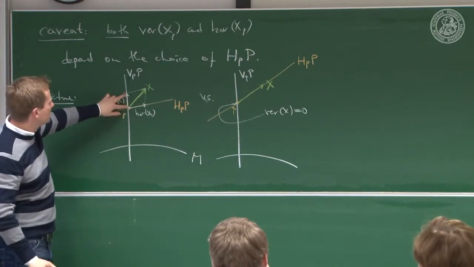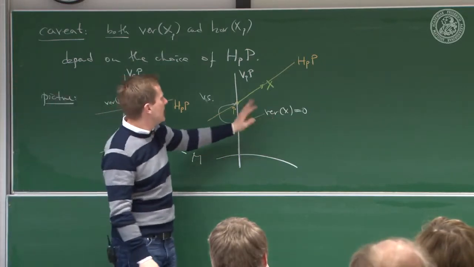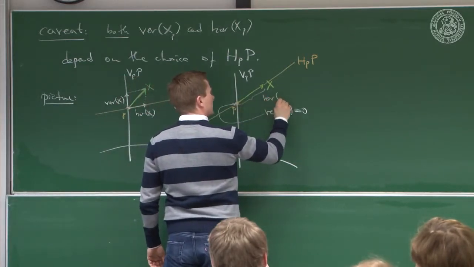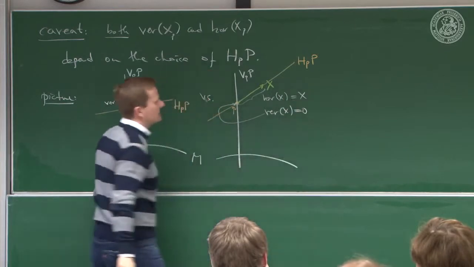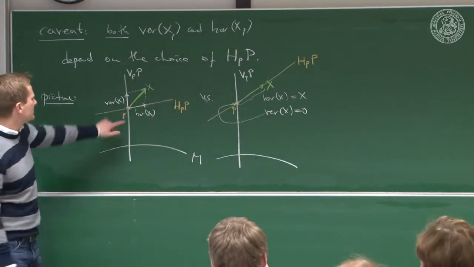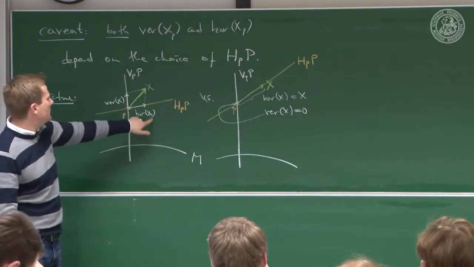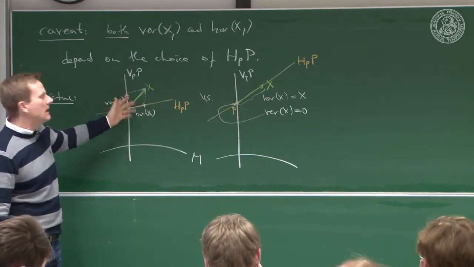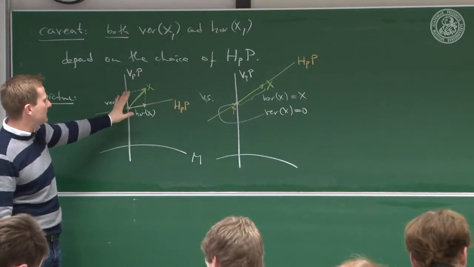And this shrinks to 0. This is what I mean here. And the horizontal part is this vector x. So in this case, hor x reproduces x. This is a different situation to here, where hor x doesn't reproduce x and ver x is non-zero. But everything's kept the same.